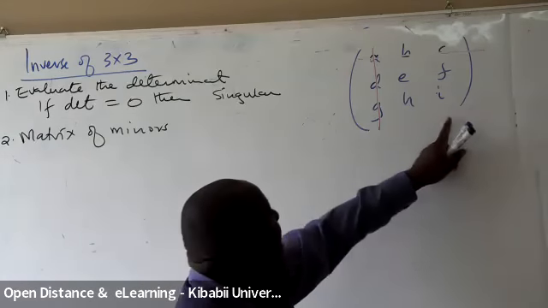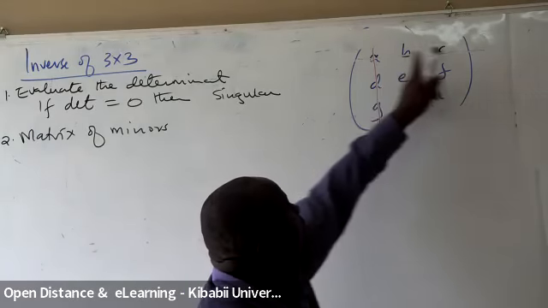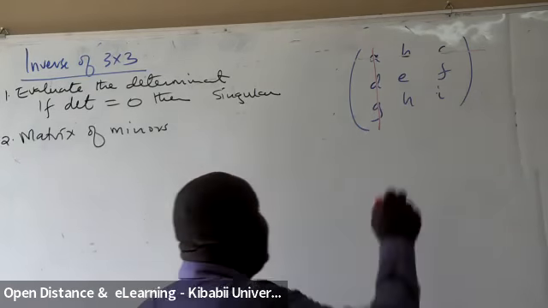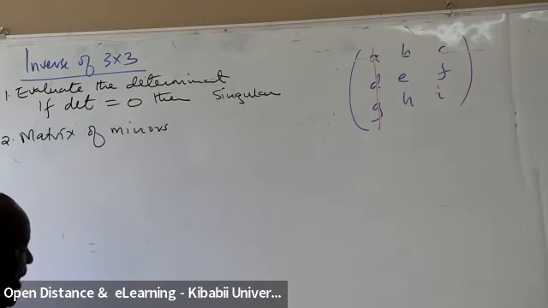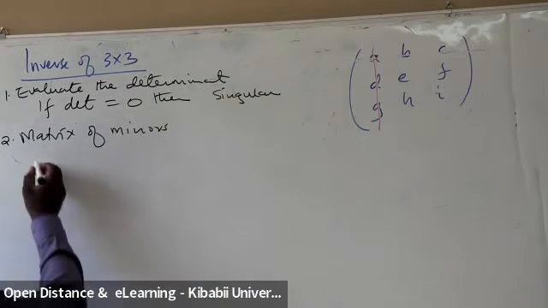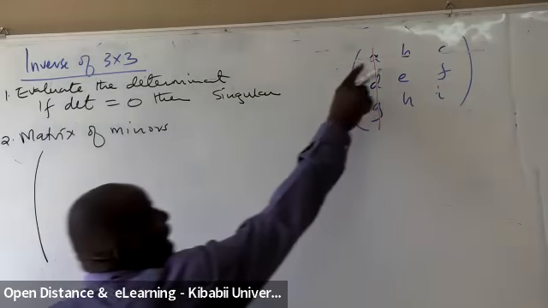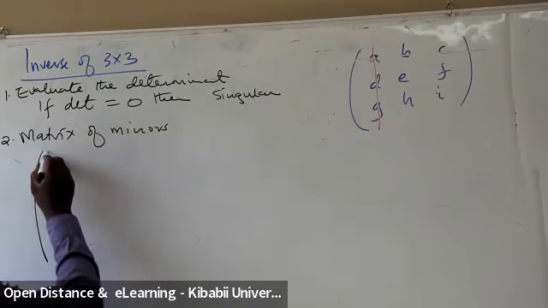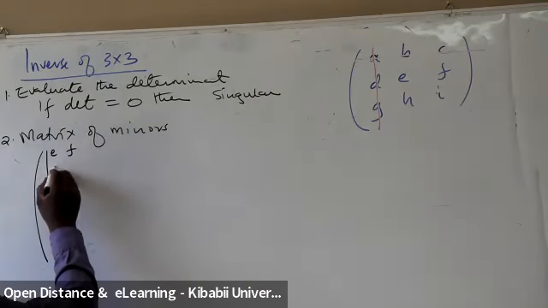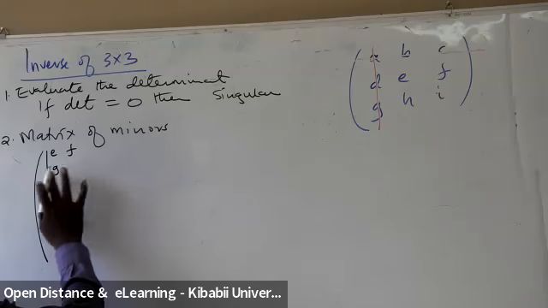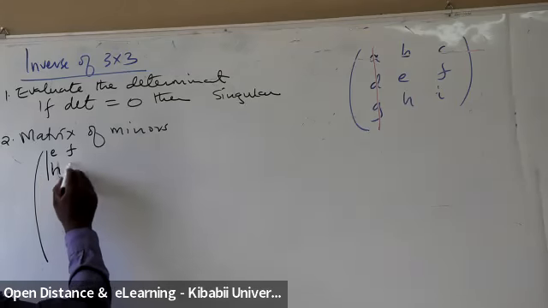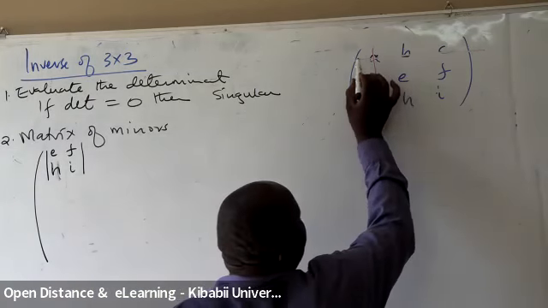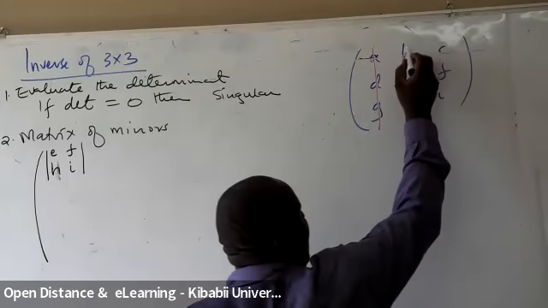That's for A. I do the same for B. B is on row 1, column 2. What 2 by 2 will I be left with? So if we do that, then we will find the matrix of minors of that matrix as follows. For element A, I delete row 1, column 1 to be left with the determinant of E, F, H, I. I do the same for B. B is on row 1, column 2.